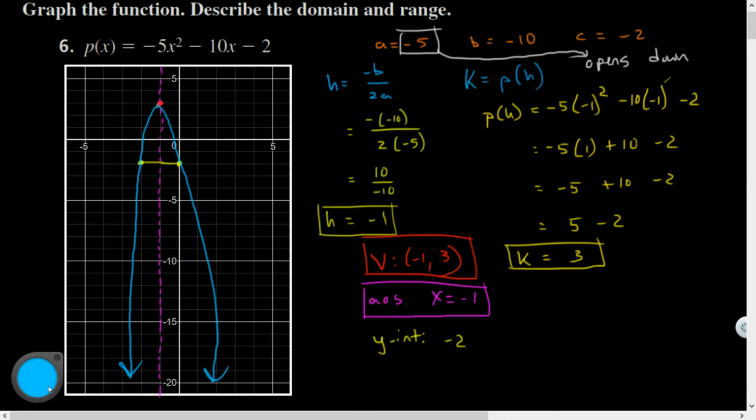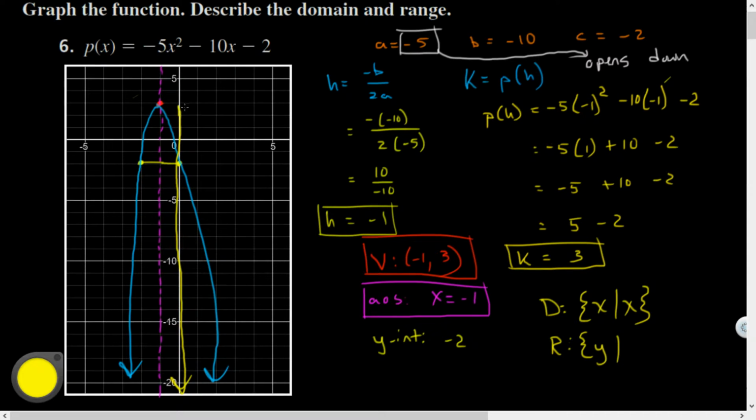Let's see. They wanted the domain and range. So the domain is everything, the set of all x such that x can just be anything. But what about the range? What are the possible y values? The y values that work for this are everything beneath it, right?